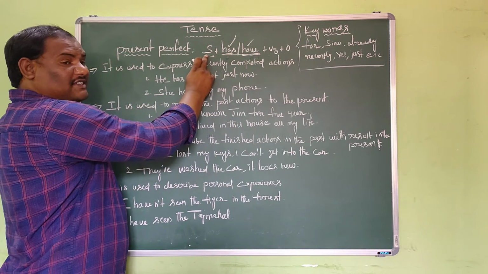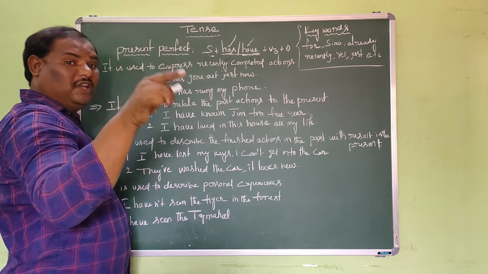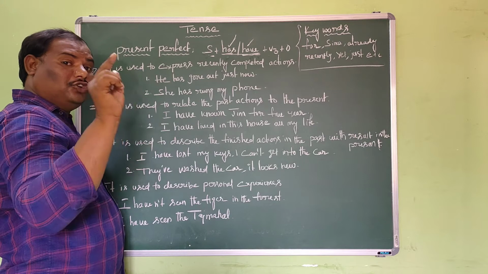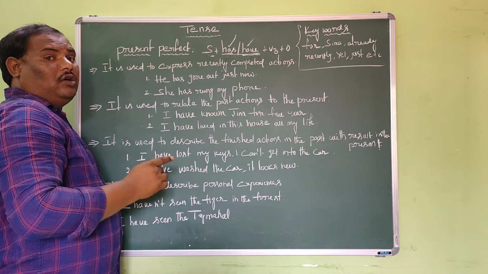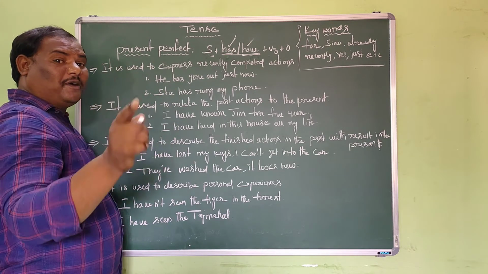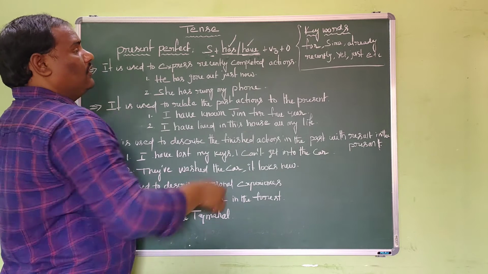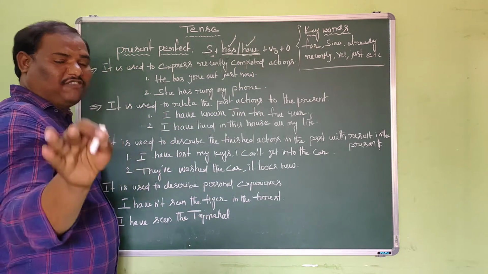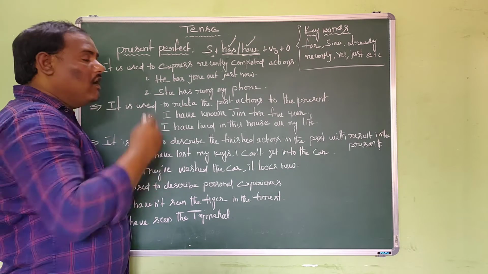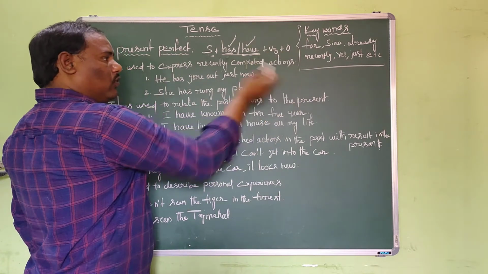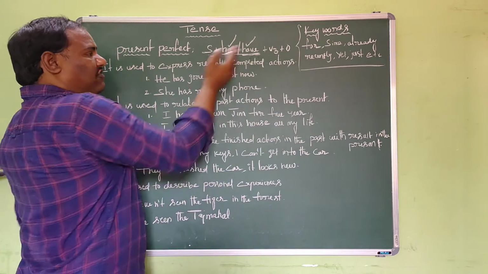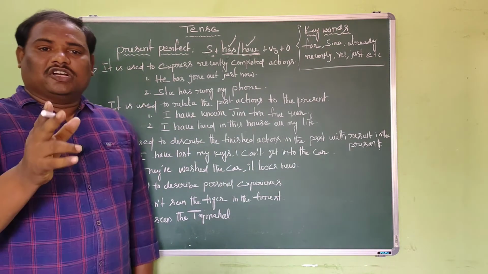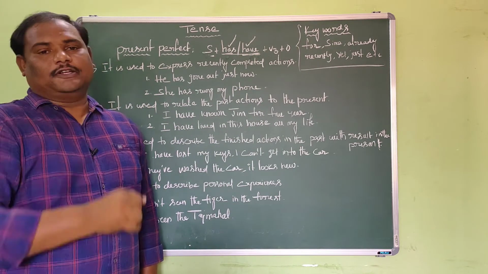If the subject is in first person I, if the subject is in second person you, or if the subject is in third person plural they, we have to use the auxiliary have. After that we can place V3 from the verb, and after V3 from the verb we can place the object. So this is all about the structure of present perfect.